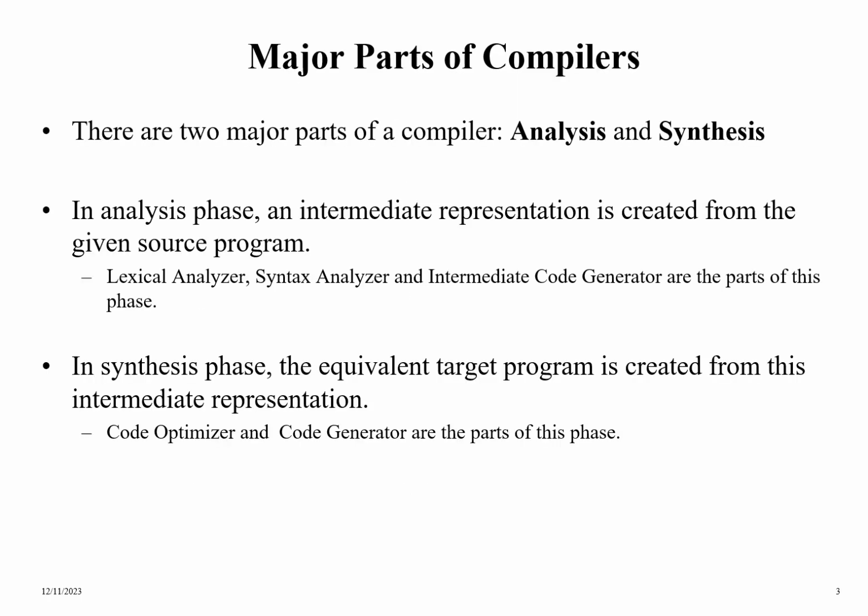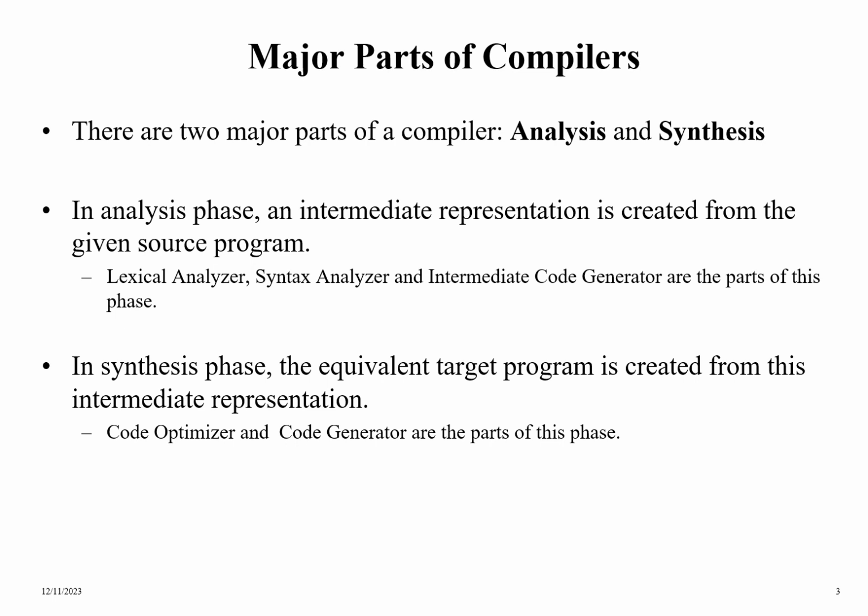Coming to the major part of a compiler, we have two parts: one is the analysis part, the other is the synthesis part. In the analysis part, an intermediate representation is created from the given source program.